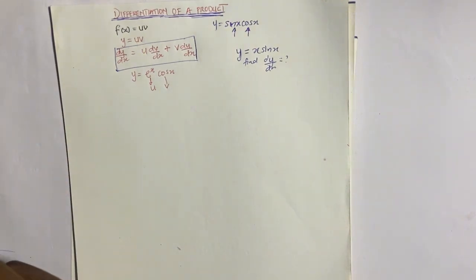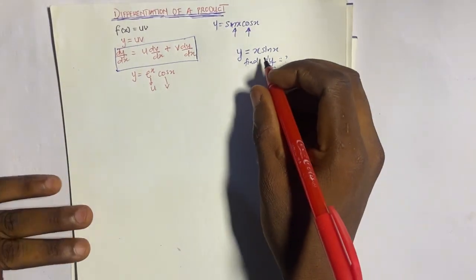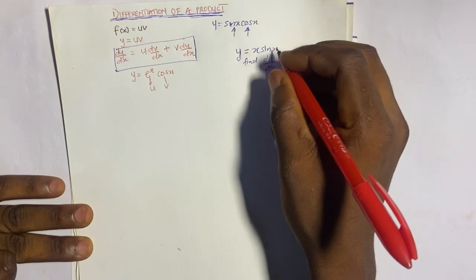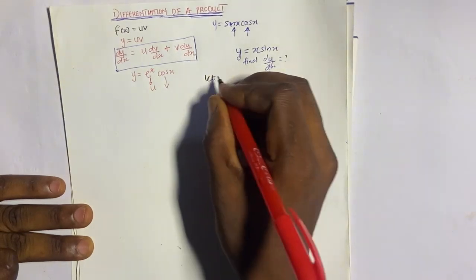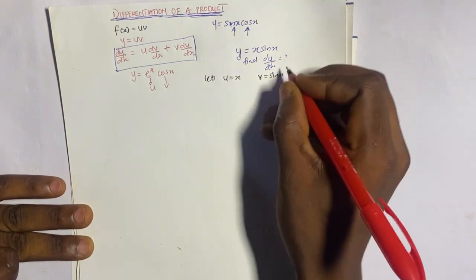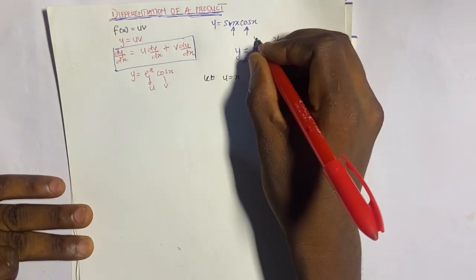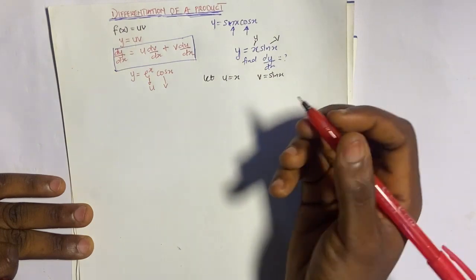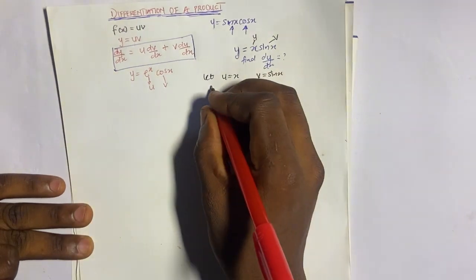So now, with y equals x sine x, I can say let u equals x and v equals sine x. This is my v and this is my u.